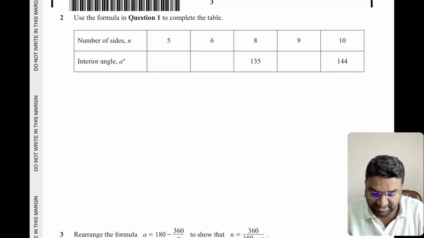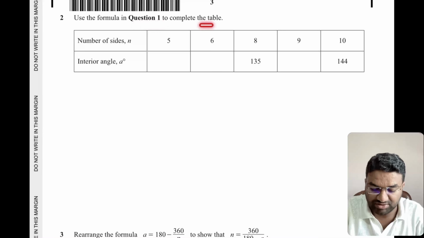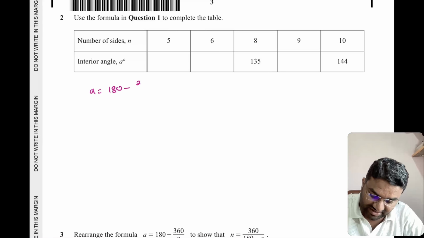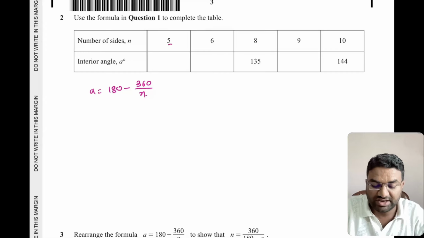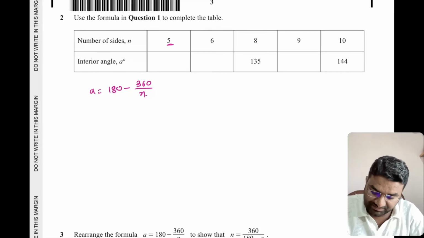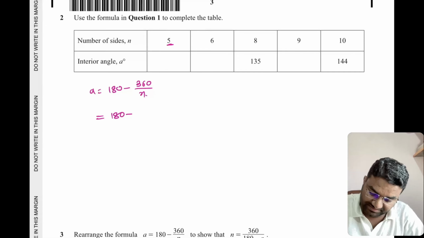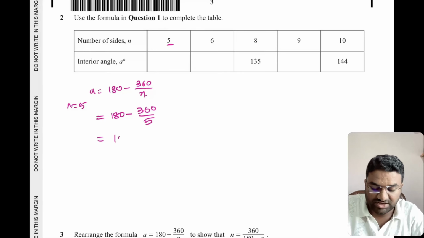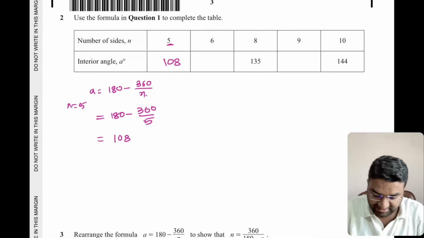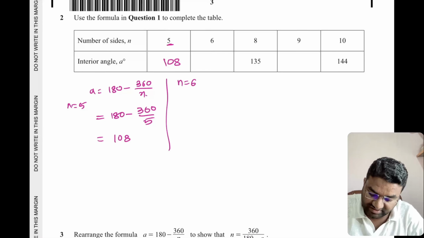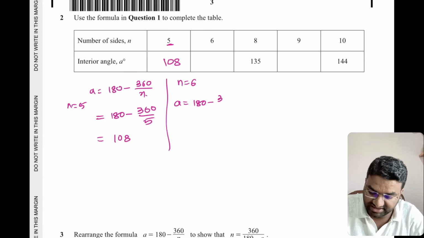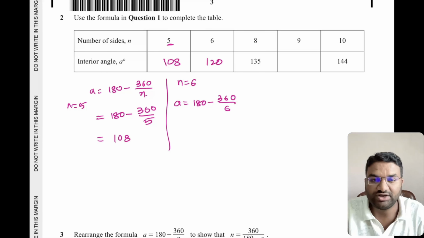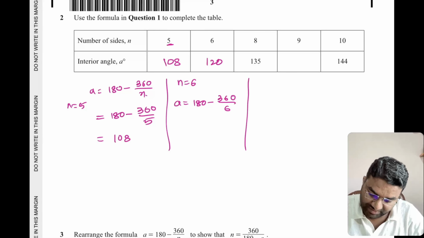Then use the formula to complete the table. We use a is equal to 180 minus 360 divided by n. When n is equal to 5, 180 minus 360 divided by 5 gives 108. Similarly, when n is equal to 6, 180 minus 360 divided by 6 gives 120.